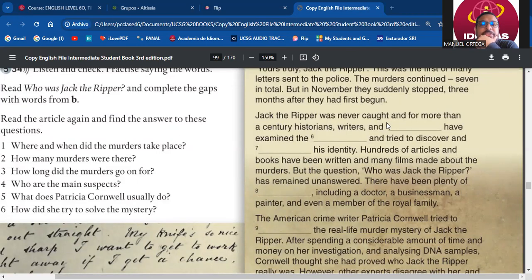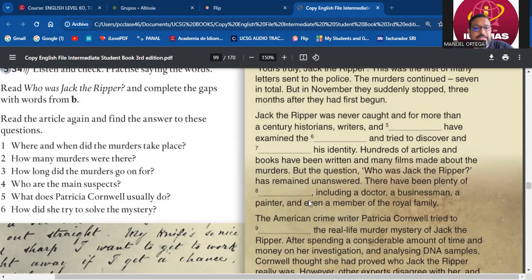Jack the Ripper was never caught, and for more than a century, historians, writers, and have examined and tried to discover and his identity. Hundreds of articles and books have been written and many films made about the murders. But the question, who was Jack the Ripper, has remained unanswered.